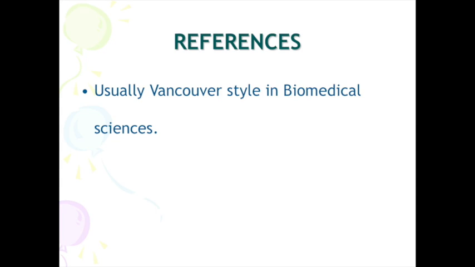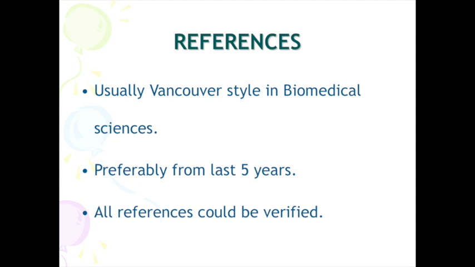Moreover, because there is a lot of research going on, preferably you should have some of the references from the last 5 years. And you should also make sure that all these references, their links, their DOI numbers, are correctly mentioned so they can be verified.